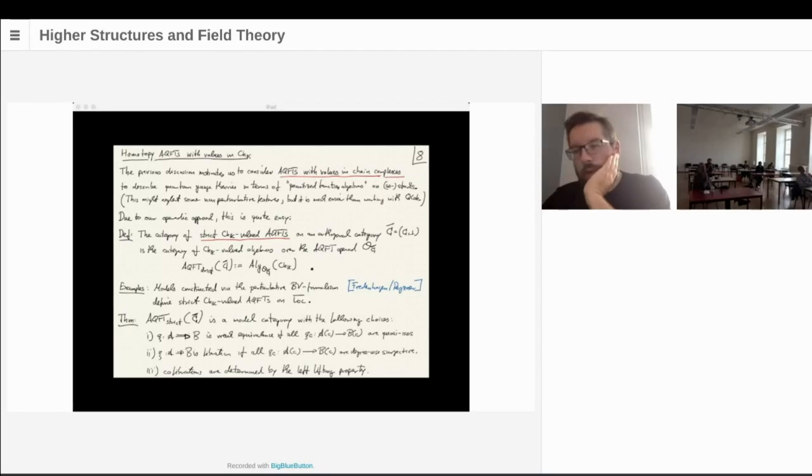So I hope that this discussion, which was unexpectedly lengthy, unfortunately, motivates that it makes sense to look at AQFTs with values in chain complexes, in order to describe quantum gauge theories in terms of quantized function algebras on stacks.